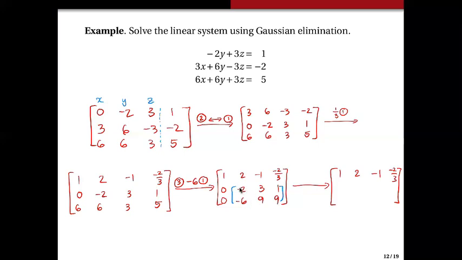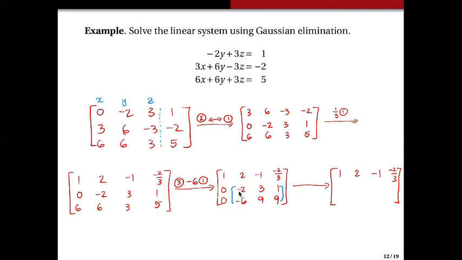Okay? This is the leftmost non-zero number. This is also the leftmost non-zero number, and they are on the same column. So we can just choose either 2 or 3. Okay? So let's just choose the second row. So we fix the second row in that row.